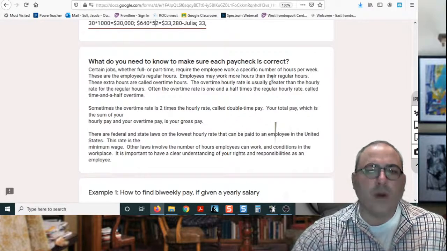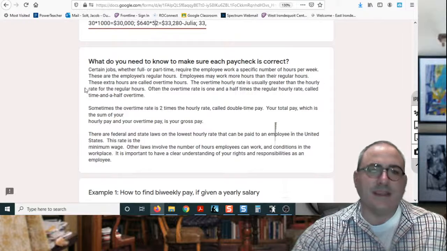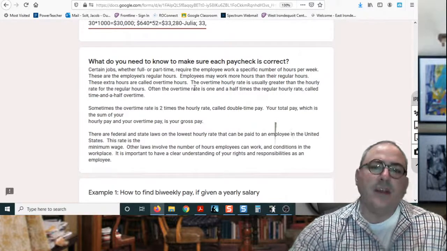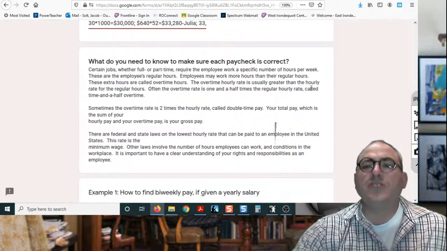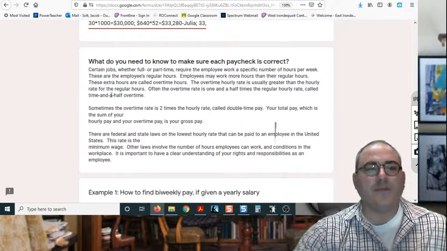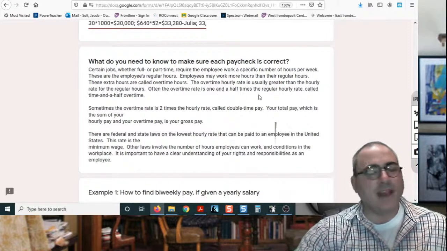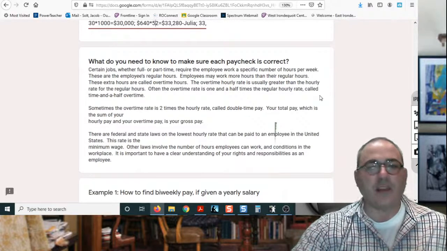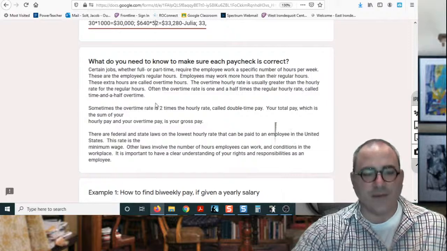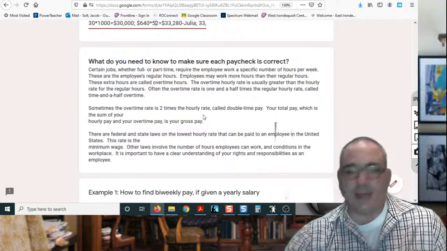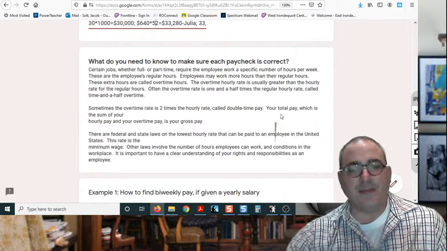Employees may work more hours than their regular hours. These extra hours are called overtime hours. The overtime hourly rate is usually greater than the hourly rate for the regular hours. Often, the overtime rate is 1.5 times the regular hourly rate, called time and a half overtime. Sometimes, the overtime rate is 2 times the hourly rate, called double time pay.